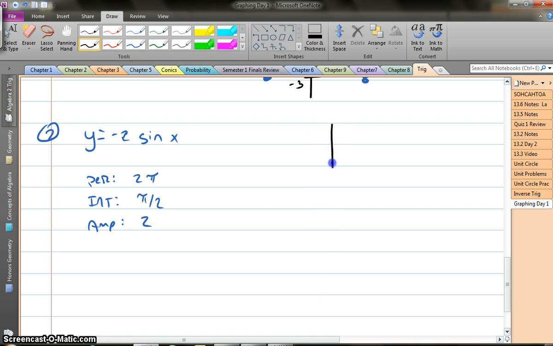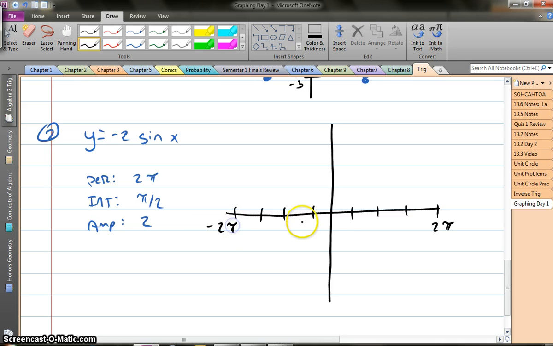So here's my graph. 1, 2, 3, 4. That's 2 pi. 1, 2, 3, 4, negative 2 pi. Pi over 2, pi, negative pi, 3 pi over 2, negative 3 pi over 2.